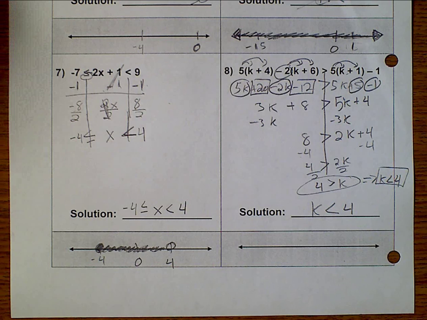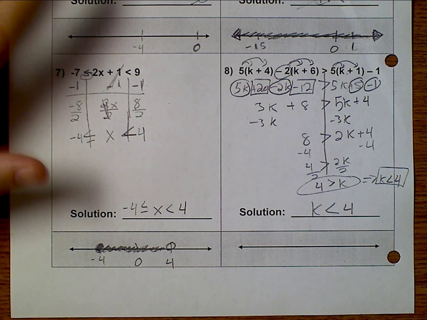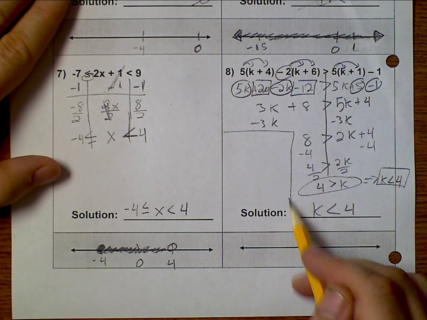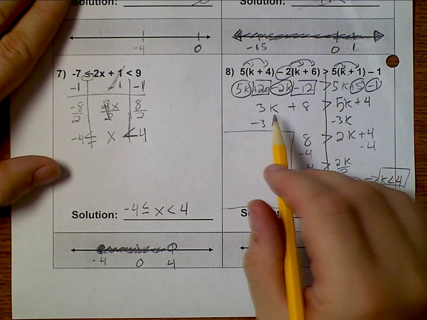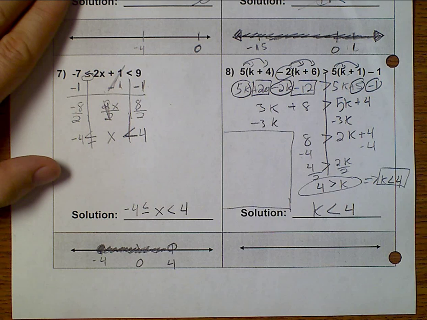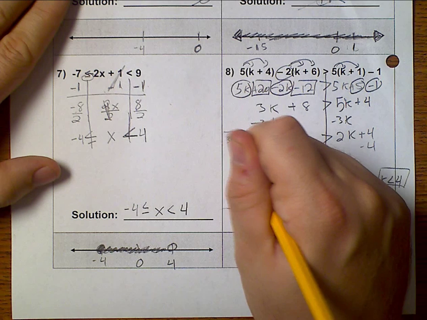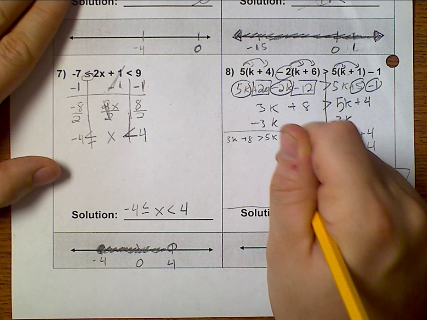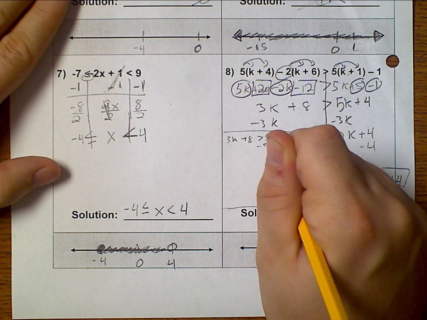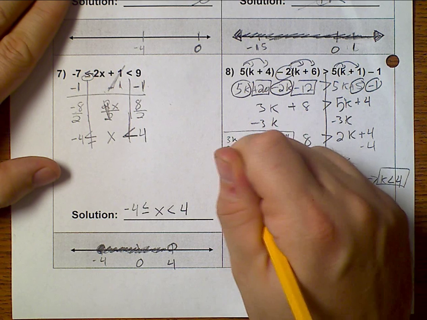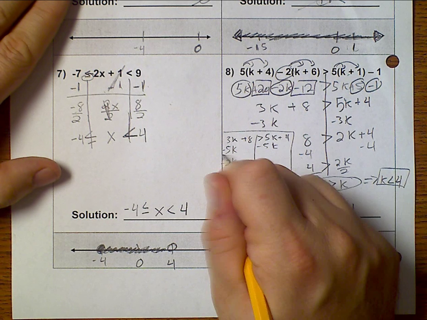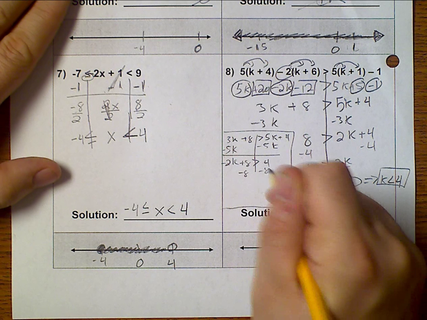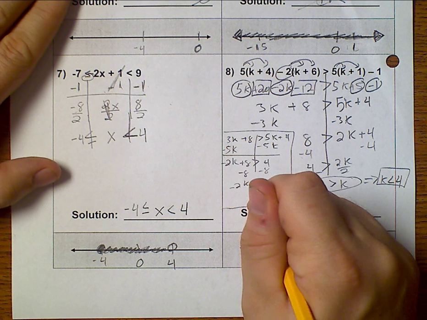Now, another way you could have solved this, just so that you see this, is instead of subtracting 3k, I could have subtracted 5k. And that would have given me a negative 2k plus 8 is greater than 4. When I subtract that, I get a negative 2k greater than a negative 4.